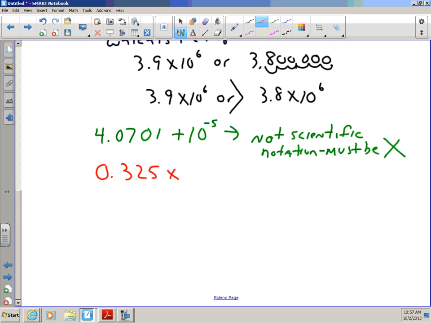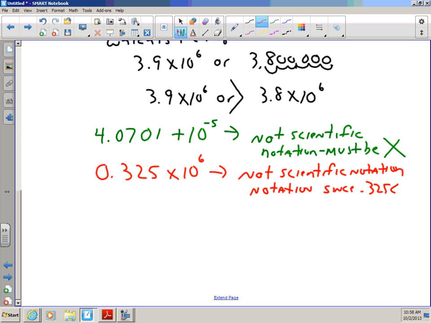0.325 times 10 to the 6th. This is not scientific notation because 0.325 is less than 1.